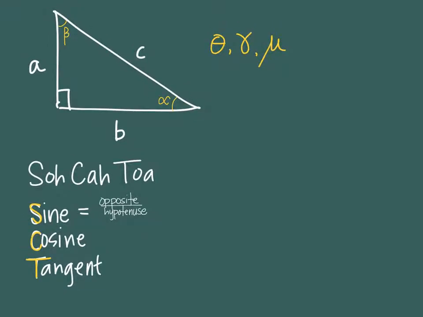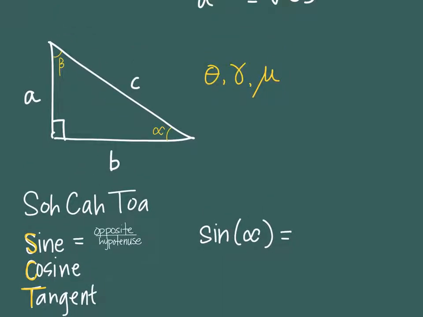If I say sine of alpha, and when we do it, we just abbreviate to the first three letters because we don't need to write it all out all the time, so we drop off the E and write sin. If I'm asking you for the sine of alpha, you go to the picture, find alpha, and look at what is directly opposite or across from alpha.